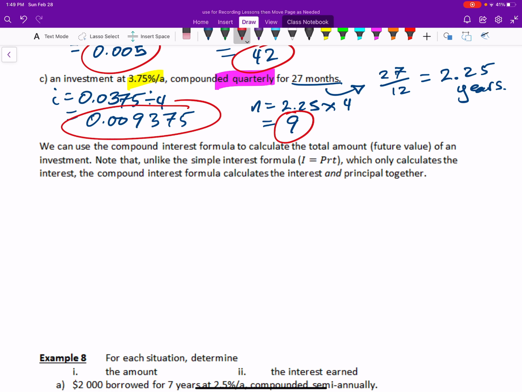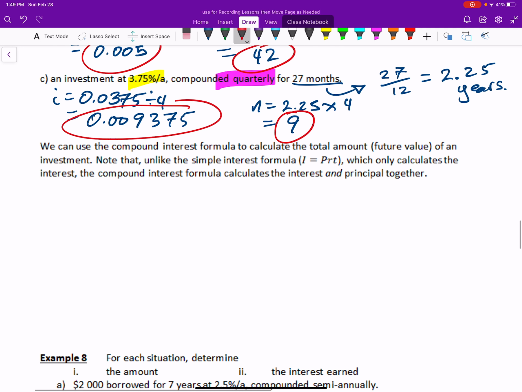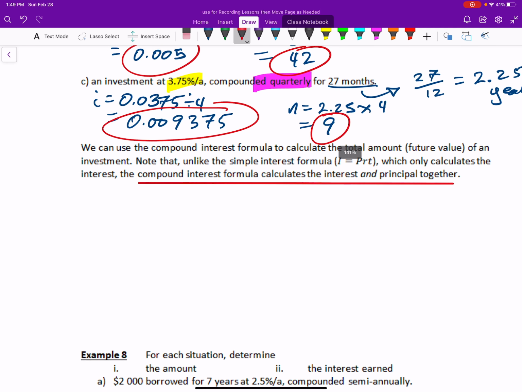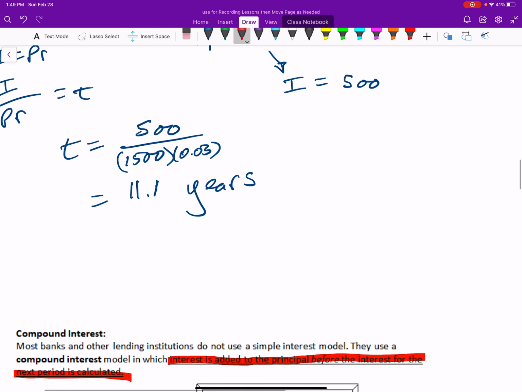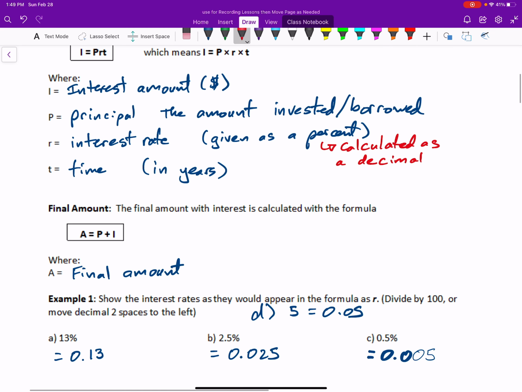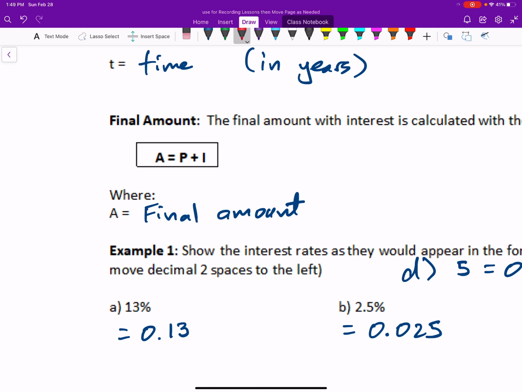We can use the interest formula to calculate the total amount, future value of an investment. Note that unlike the simple interest formula, which only calculates the interest, the compound interest formula calculates the interest and the principal together. So that's also important to bear in mind. Remember, for the simple interest formula, we had this formula way up here at the top that said final amount equals the principal plus the interest.